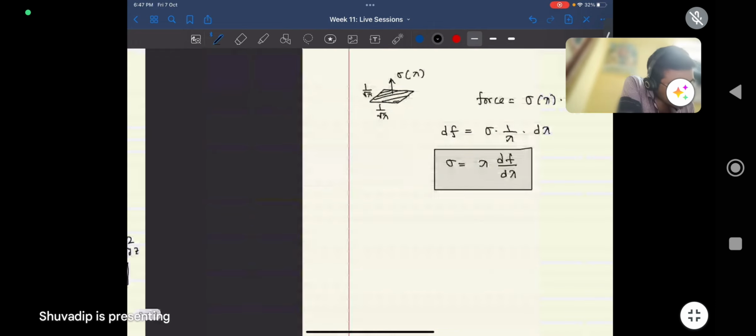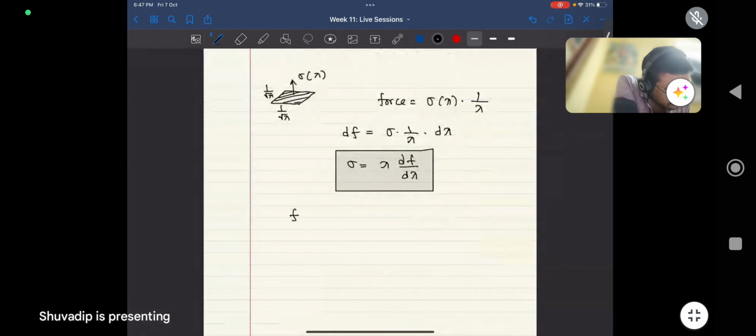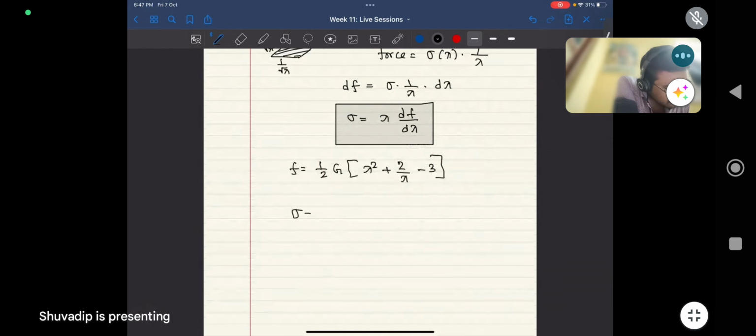Now we already know what F is in terms of lambda; we calculated it on the previous page. So F is half g, lambda square plus 2 by lambda minus 3. So from this, sigma will be lambda into half g, 2 lambda minus 2 by lambda square.